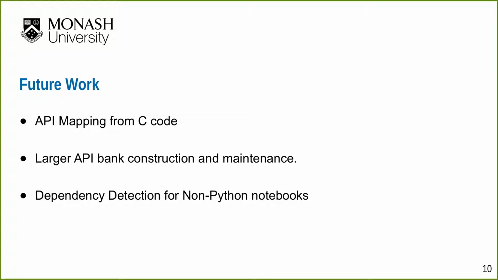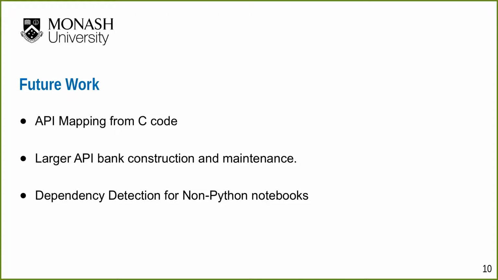Although SnifferDog is effective in solving dependency issues, there are still some problems to be handled, which remain our future work. First, our library API mapping module only works for Python code at this stage. However, some APIs in Python libraries are implemented in C code for better efficiency. So we will explore performing API mapping for non-Python implementations of APIs.